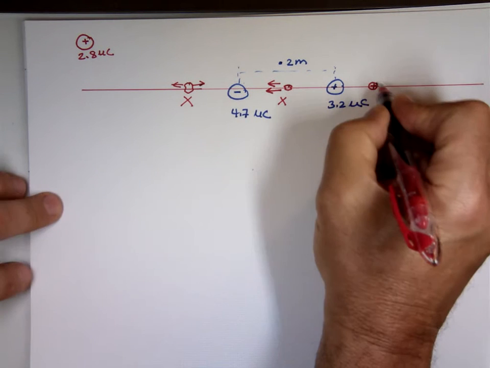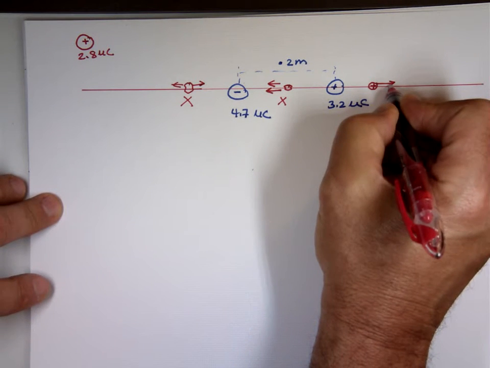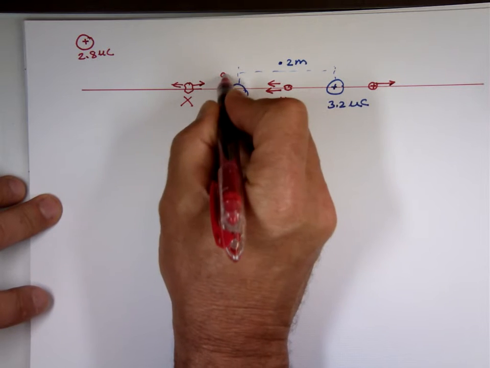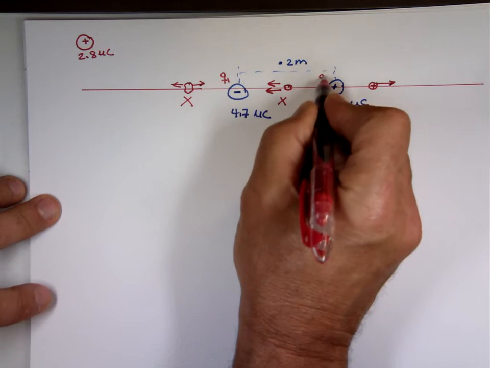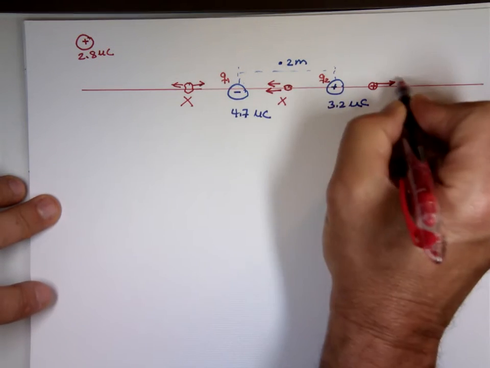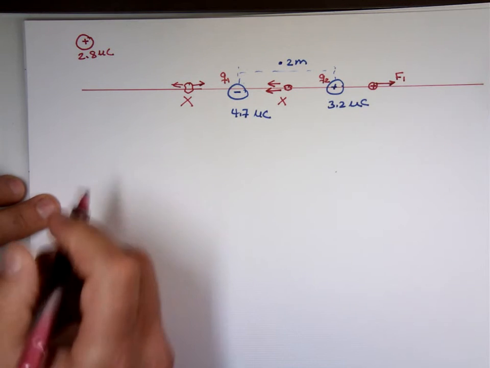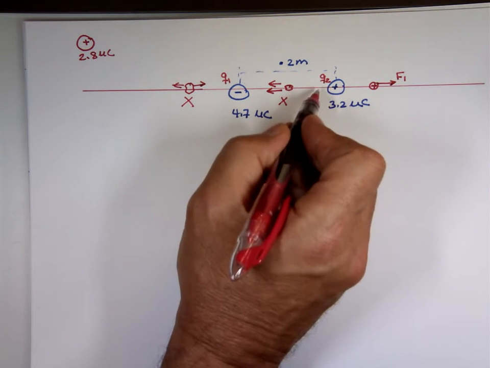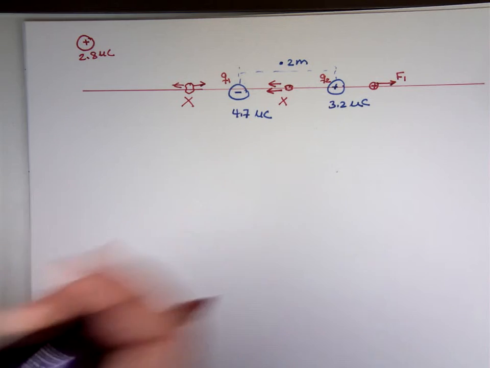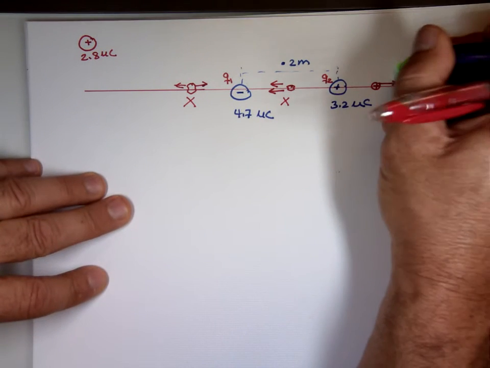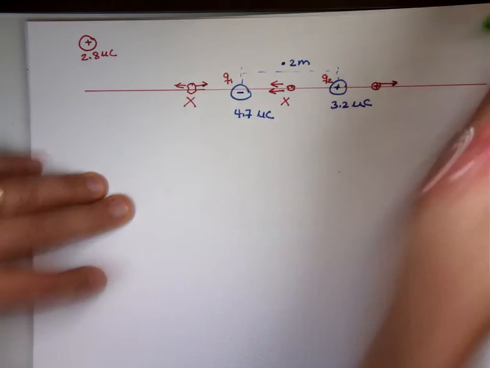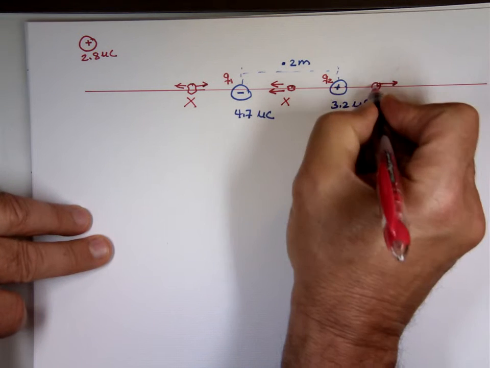So this is going to push on it in that direction. We'll call this Q1. This is Q2. So Q1 is going to pull it in this direction. We'll call that force F1. Q2, I'm sorry, I drew them backward. Q1 is negative. This is positive. It's going to pull on it.